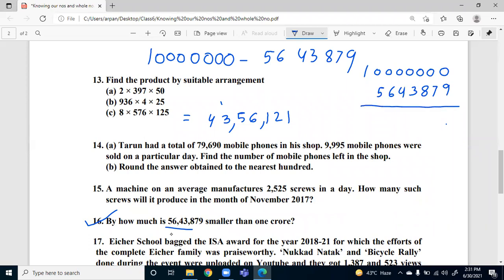So when you subtract it, you will get 43,56,121 as your answer. Okay, ma'am, understood.